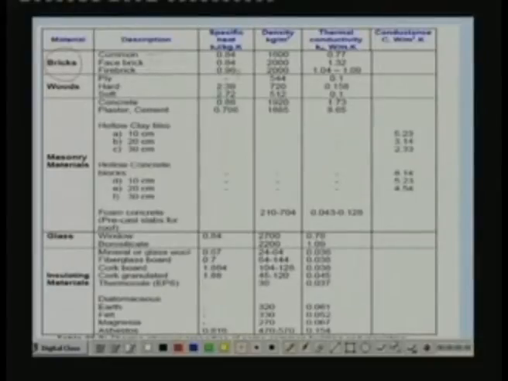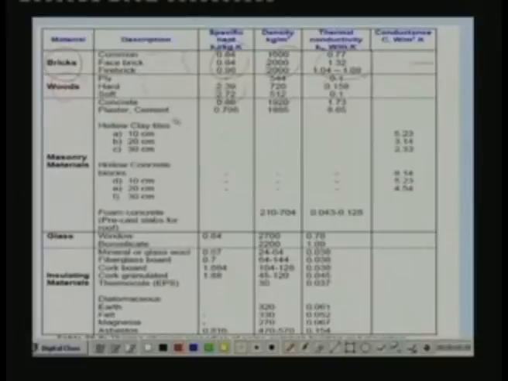For all these types of bricks, these are the specific heat values, these are the densities, and these are the thermal conductivity values. Since these are homogeneous materials, you need not give a conductance value, the thermal conductivity value is enough, and from the thickness of the brick and the thermal conductivity you can find out the resistance. Next come woods: plywood, hardwood, softwood, with specific heat values and densities. Again, these are the thermal conductivity values because these are also homogeneous.